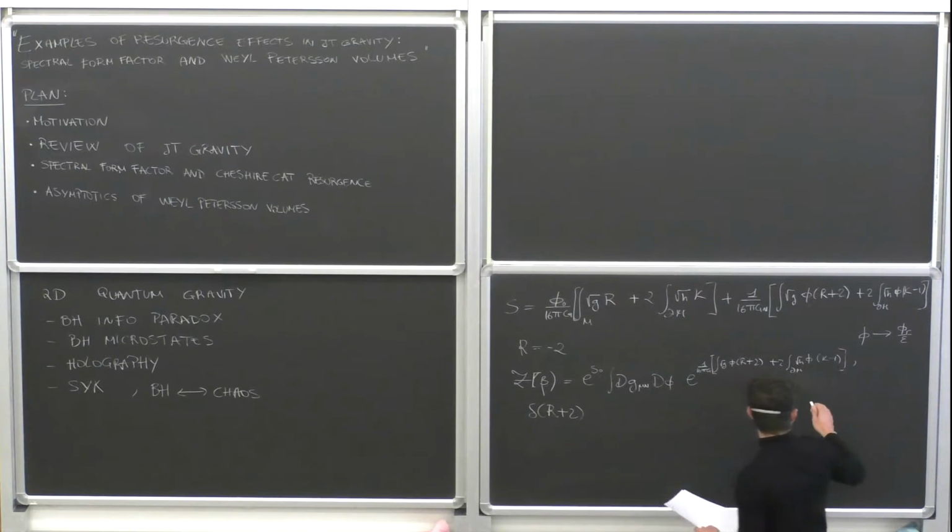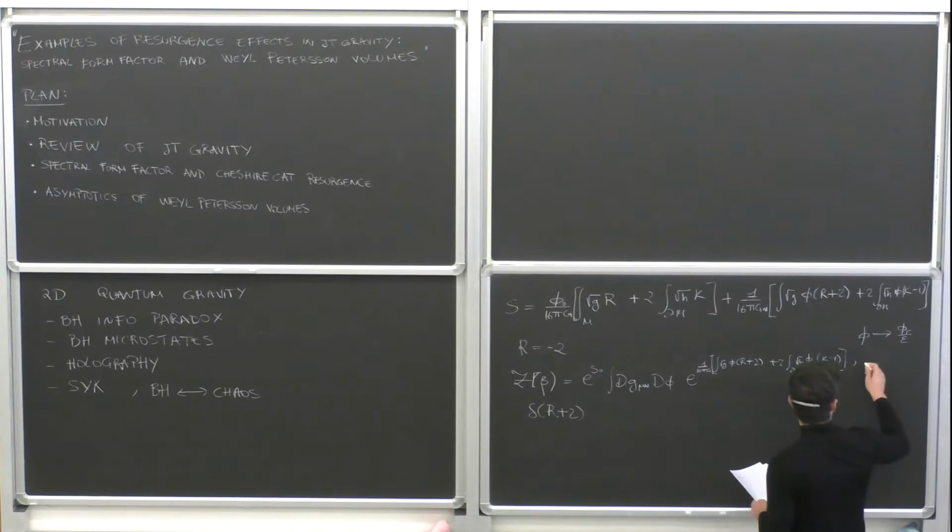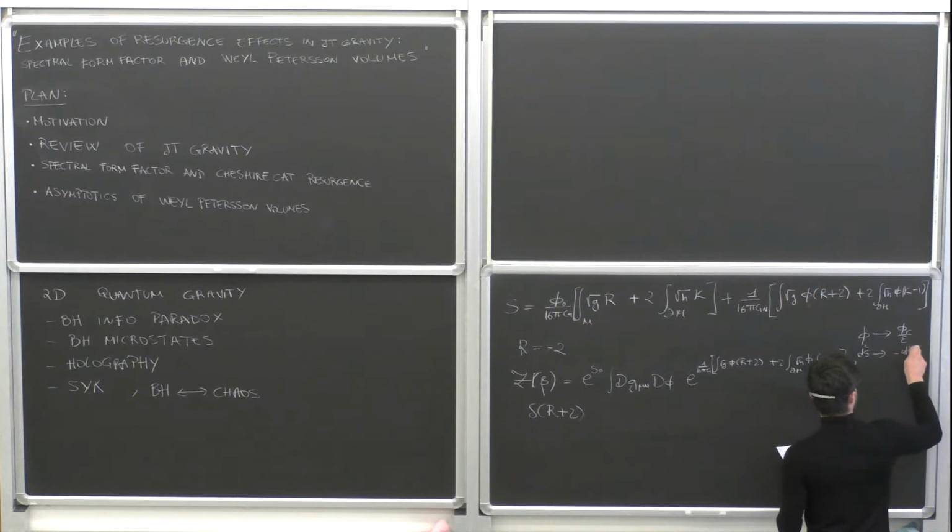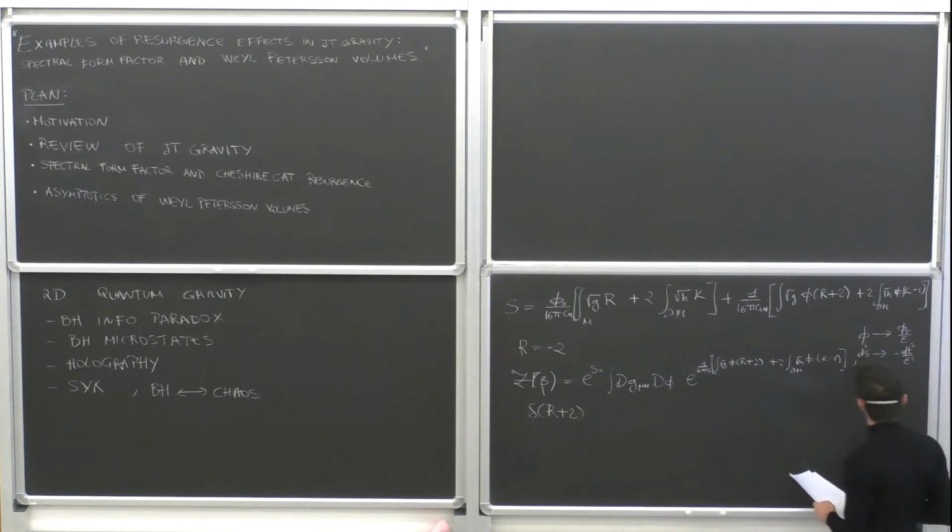So by doing this, I was saying, what you want to impose is that the metric actually goes like this. Basically this is just somehow your boundary conditions.